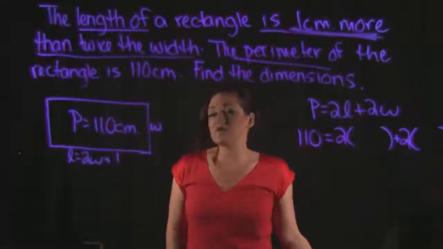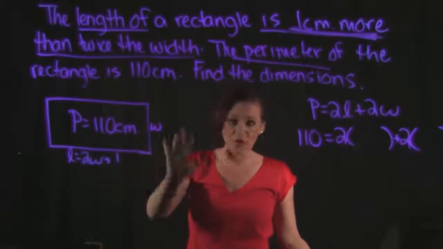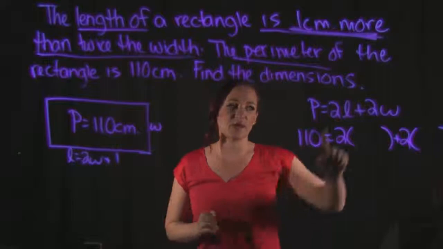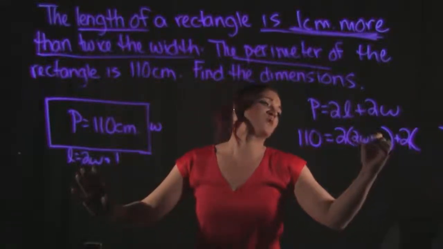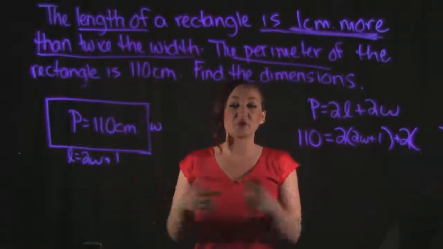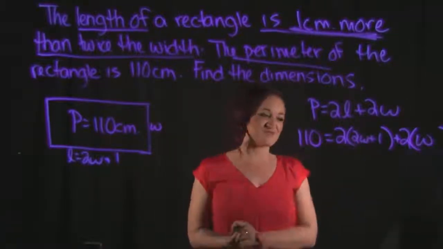Now they don't give us any information about the width. They say absolutely nothing about it, so the width is just regular. The width is the width. So in order to plug in for length, I'm going to be plugging in 2W plus 1. Since length is the same thing as 2W plus 1, they're interchangeable. There was nothing special about the width. The width is just the width.